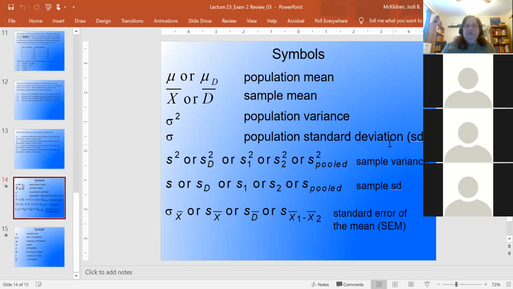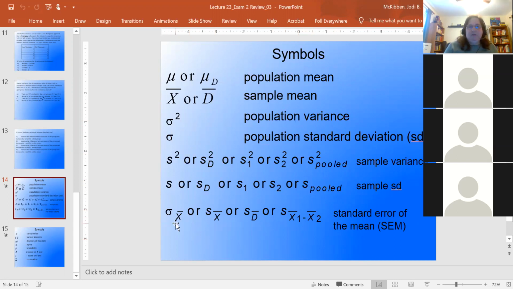Okay, well, what's the variance for everybody? Sigma squared. And the standard deviation, which is just the square root of the variance, the standard deviation for everybody is sigma. And while we're on that note, if we take this over the square root of n, what do we get?